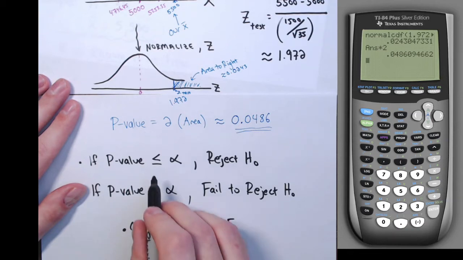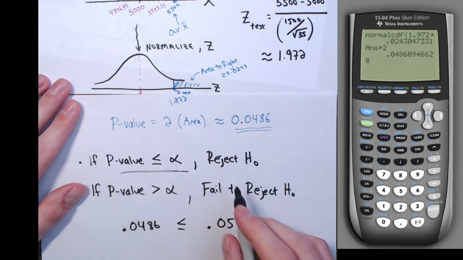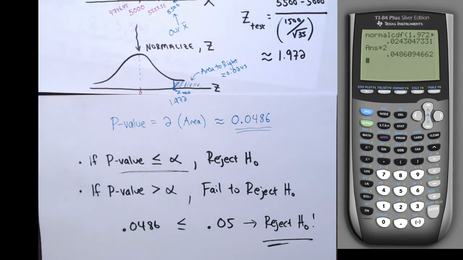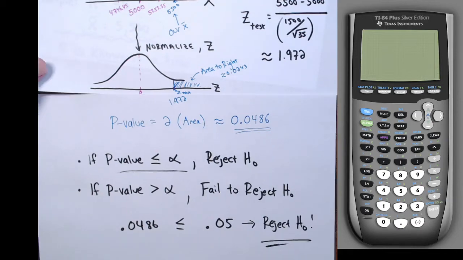So we're going to reject the null hypothesis, because we're going to say, oh, our sample mean here is too far away from 5,000 for us to feel that 5,000 is a good assumption for the population mean. We're going to reject the null hypothesis.